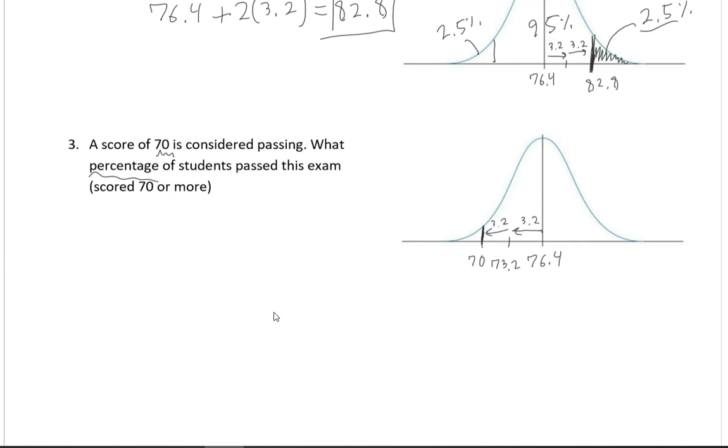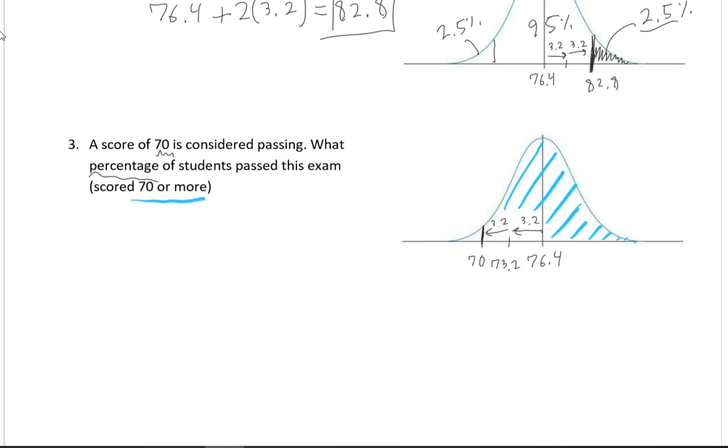Now careful here. It didn't say that we want the area of the tail this time. We want 70 or more. So that means we want this area here, which includes this right tail way on the side. Well, there's a couple ways of finding that.